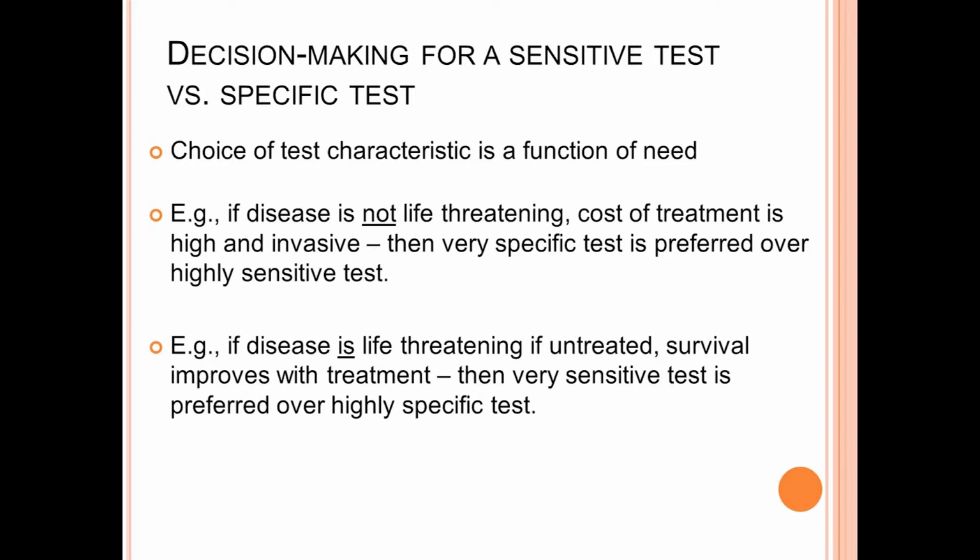So again, we can think about high sensitivity, low specificity, and these are not good or bad in terms of absolutes, but rather are numbers to be considered when we're talking about test performance. And test performance relates to need. What do I need this test to do? Who do I need it to identify most accurately?